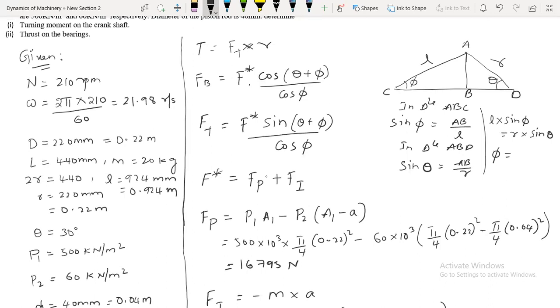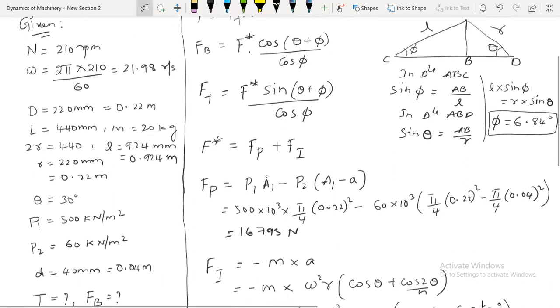Small l is 0.924, small r is 0.22, and theta is 30 degrees. After substituting, you will get phi as approximately 6.84 degrees.